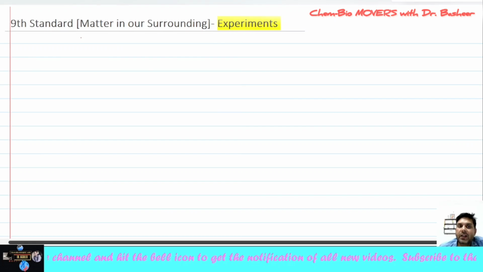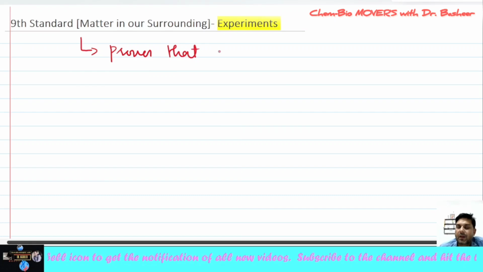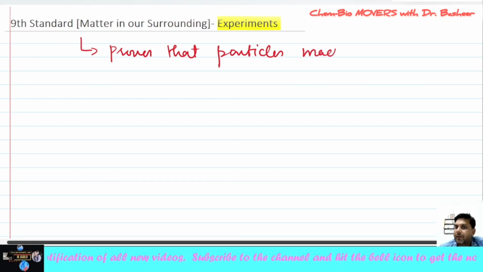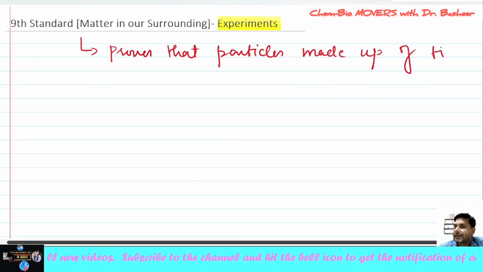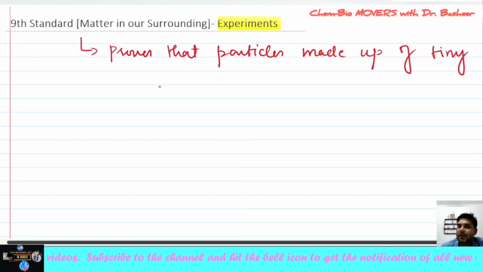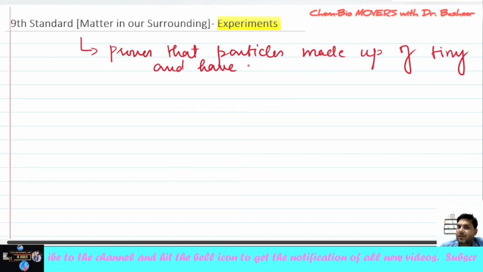So what we can conclude: the first experiment proves that matter is made up of tiny particles and they have space between them.